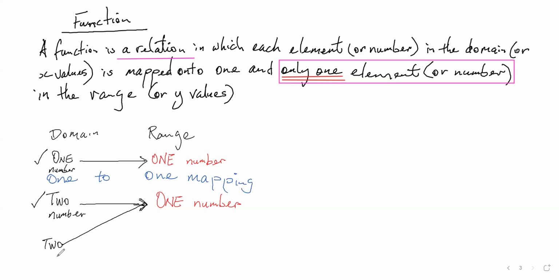And this is called many because it's two numbers. Many-to-one mapping. I'm not going to ask you if you understand. So take this down. We're going to do more questions as we go along, and you'll understand it better.